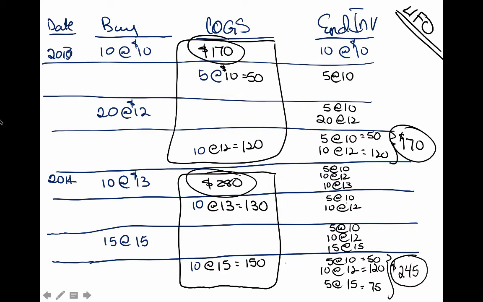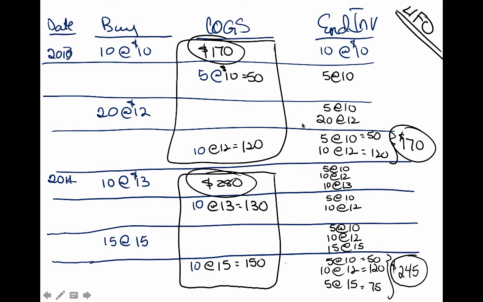under LIFO. LIFO, remember, is last in, first out. So we started 2013 with a purchase of 10 units at $10. We sell 5. Last ones in were the $10 ones, so we sold 5 at 10. We have 5 left at 10. We went out and bought 20 more at 12.